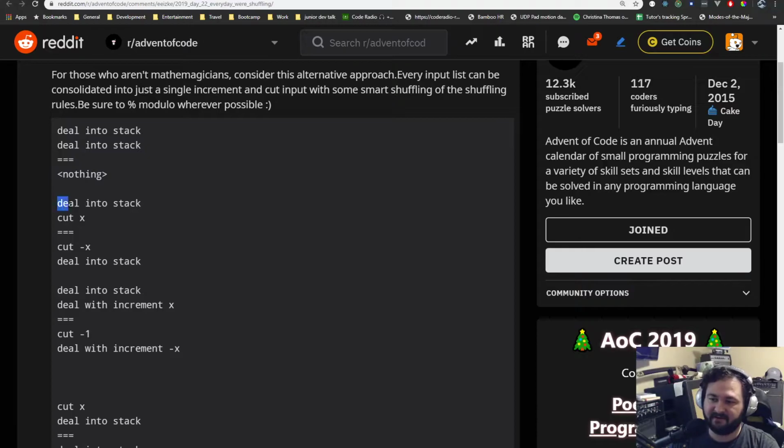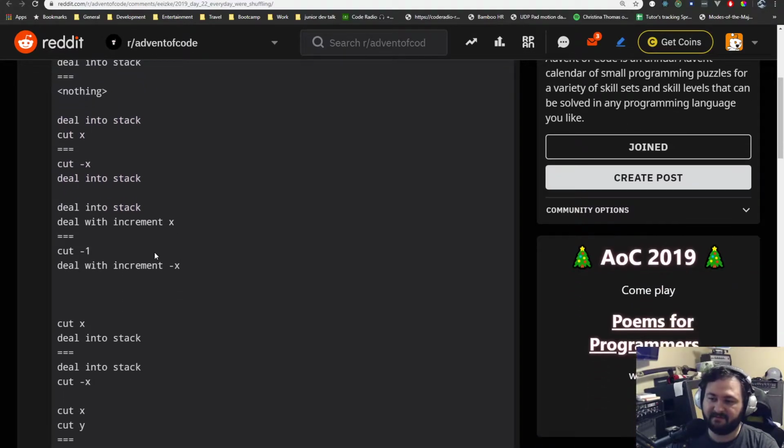So they show you how to reverse these operations. To reverse these two, you would do a negative cut and then do another deal into stack. Translating these into reverse, deal into a stack, and then deal with increment, you would do a cut -1 and then deal into increment -x.